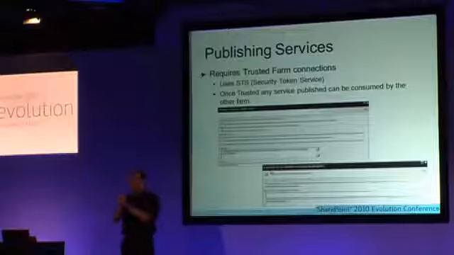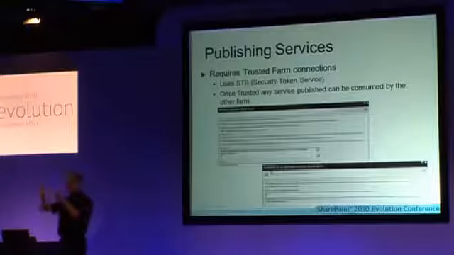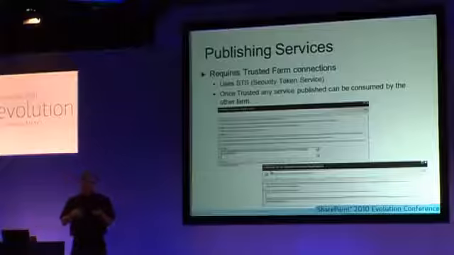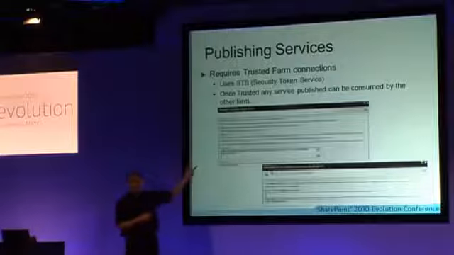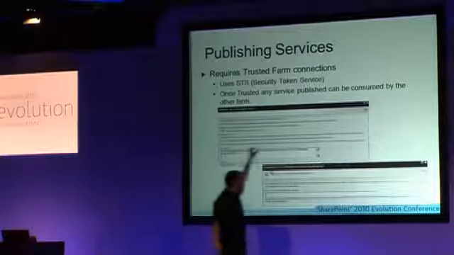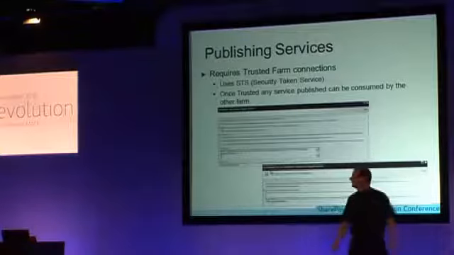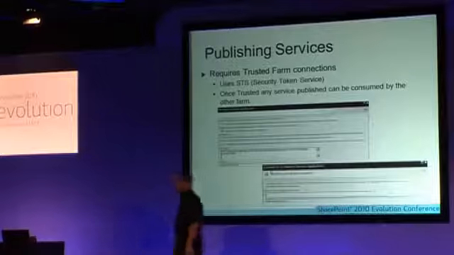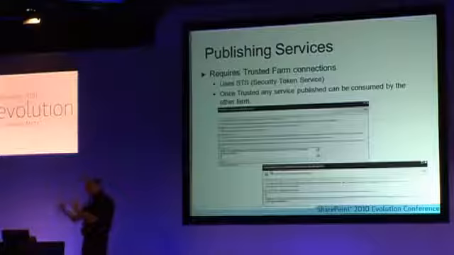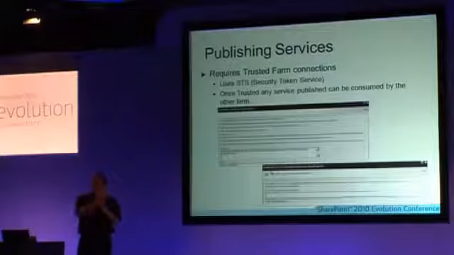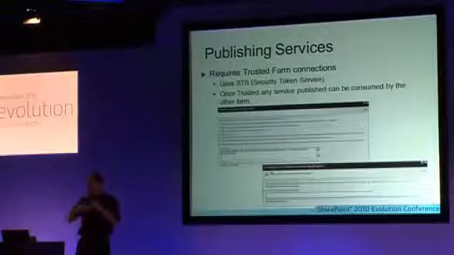So because we've got a trusted link between the two farms and we've got the PKI trust there, if I've published a service, I'll send you this really short URL, and you put that in your connect to another service. Because the trust between the farms is already there, as long as you know what service you're going to connect to at the other end, you've got it.